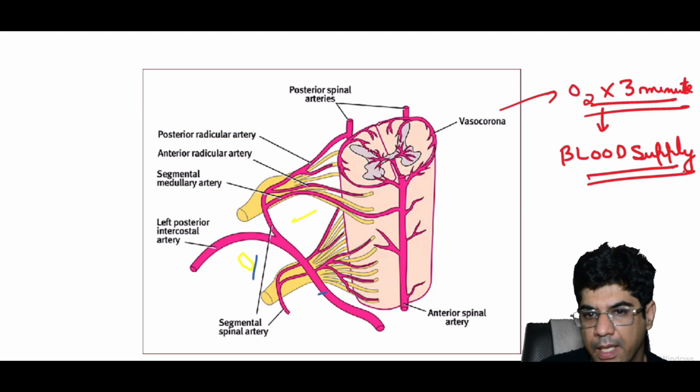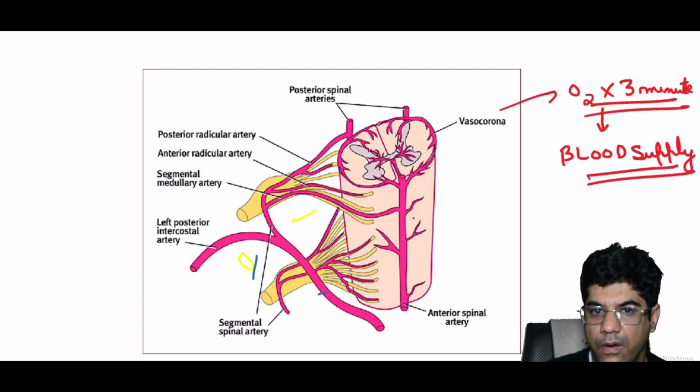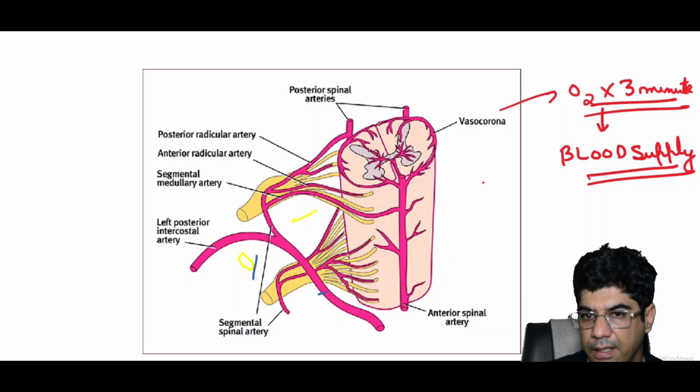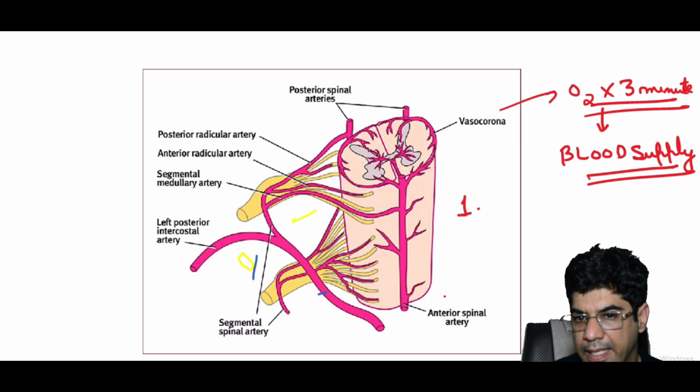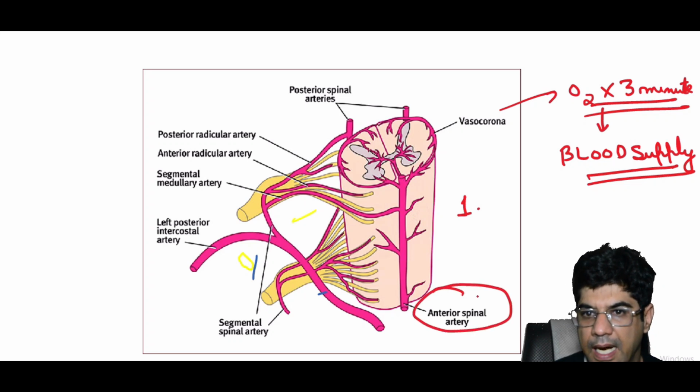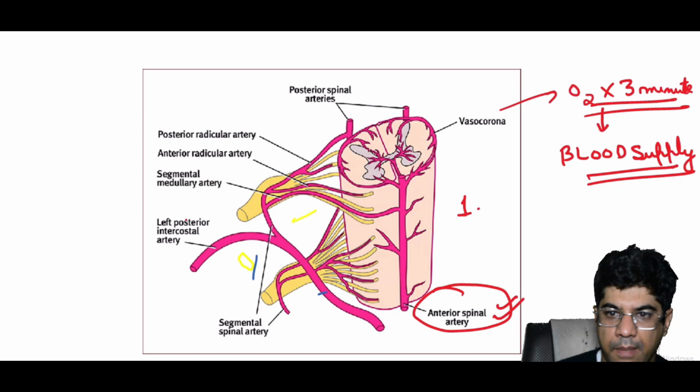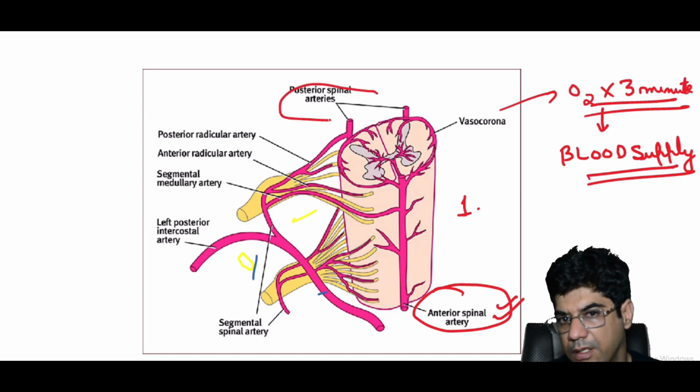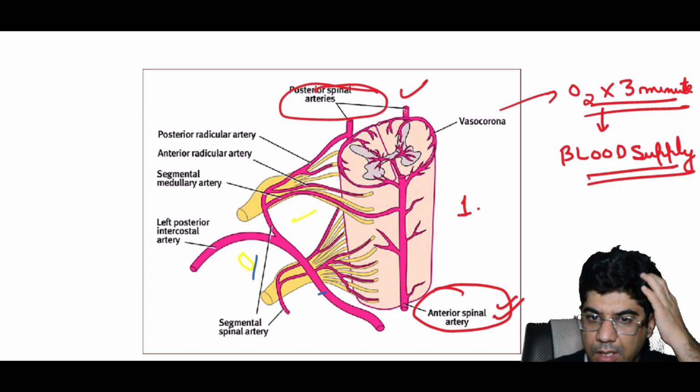The spinal cord, remember, receives its blood supply from three main arteries. The first is the anterior spinal artery, and there are posterior spinal arteries.